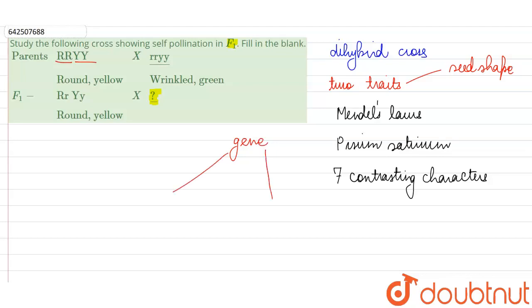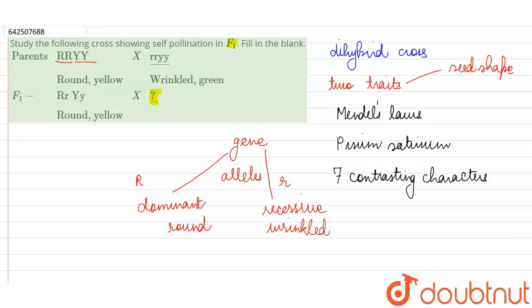And these genes can have 2 types of alternative forms, 2 types of alleles, out of which one is dominant, which is always going to express itself. Whereas the second allele, the recessive one, is going to be suppressed by the dominant allele. It's not going to be able to express itself in the presence of the dominant one. So here for seed shape, capital R denotes the dominant allele, which is going to produce round shaped seeds, whereas the recessive allele, the small r, is going to produce wrinkled shaped seeds.